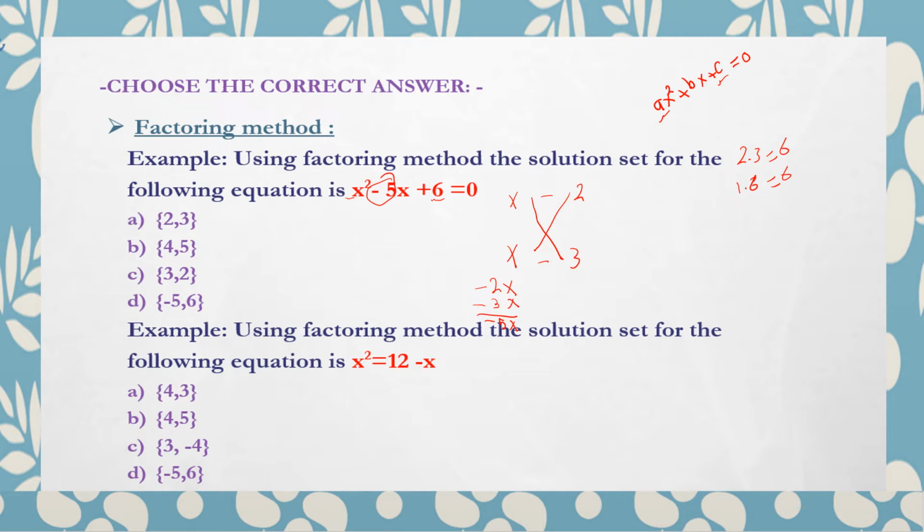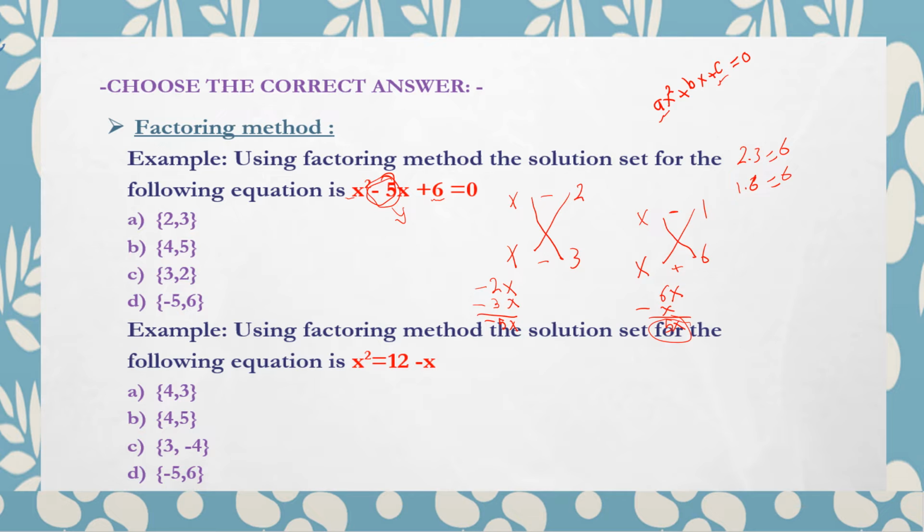But by taking 1 and 6, the difference between 1 and 6 in order to give us 5, we should assign a negative sign for 1 and a positive sign for 6. So 6x - x equals 5x. This is equal to 5, but the 5 here is positive and the b here is negative.